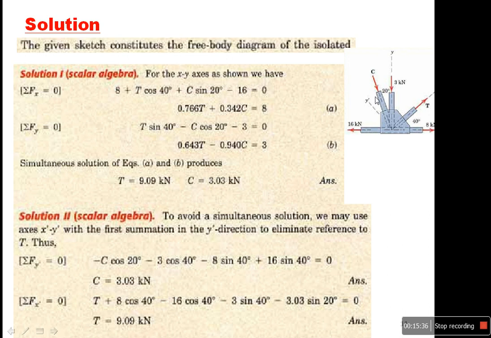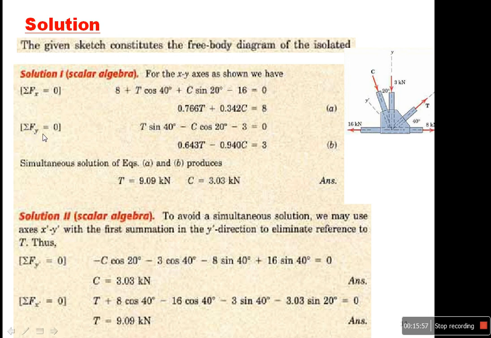I will get this C in this direction, so it will be plus, minus 16, because the 16 kilonewton is actually in the x-axis but in the opposite direction, equal to 0. After simplification, I will get this equation that I name A.